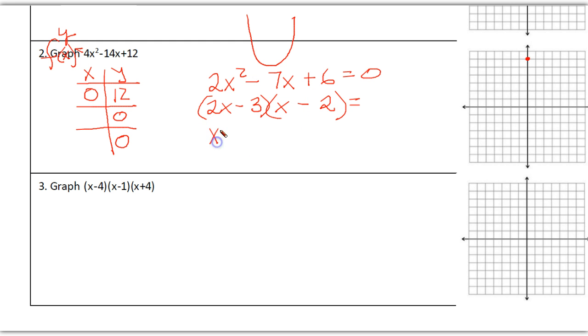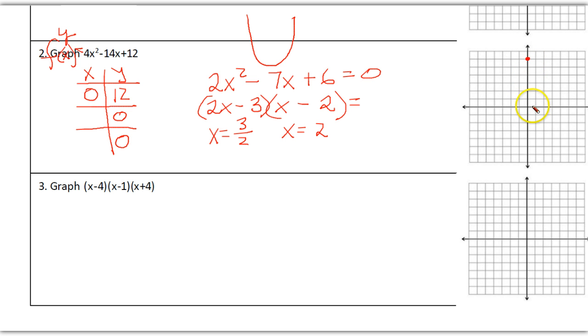So we'll get here x equals 3/2, and here x equals 2. So we have our y-intercept there, and our x-intercepts here.